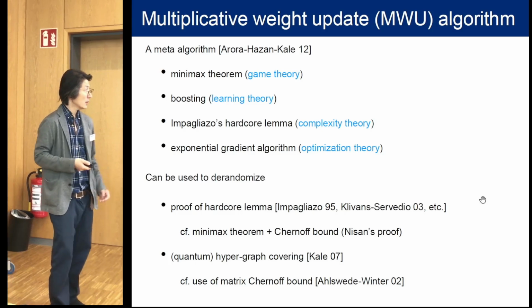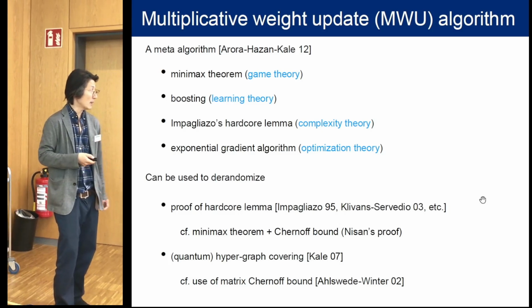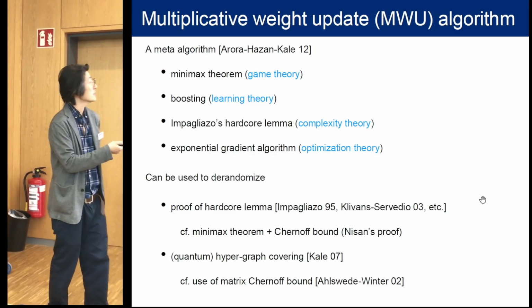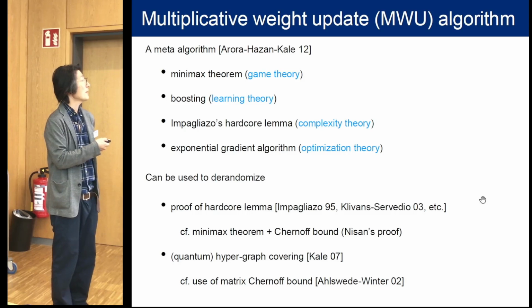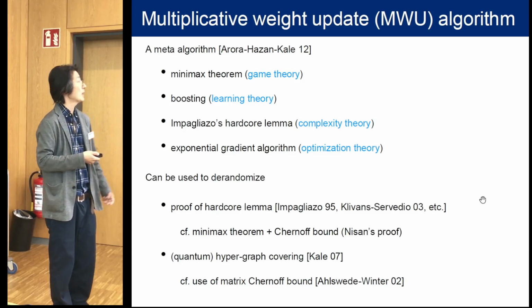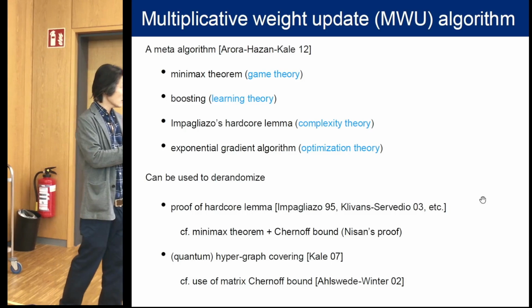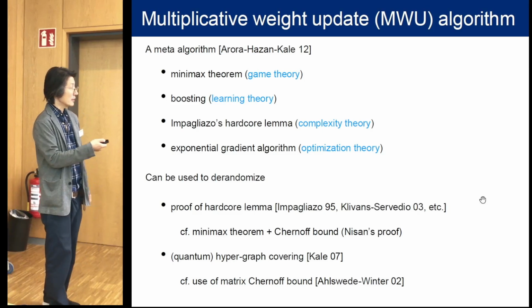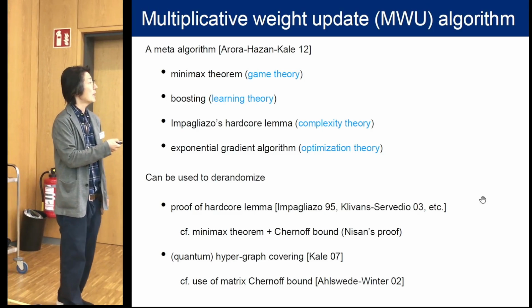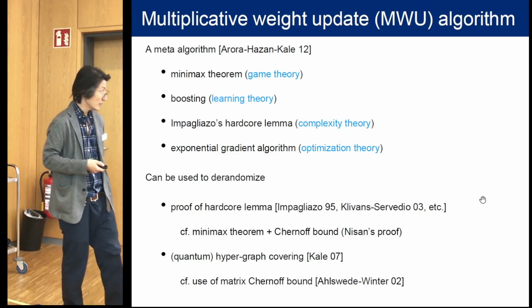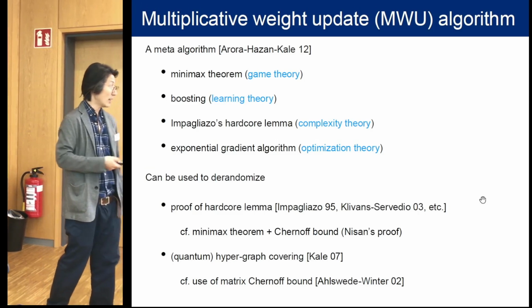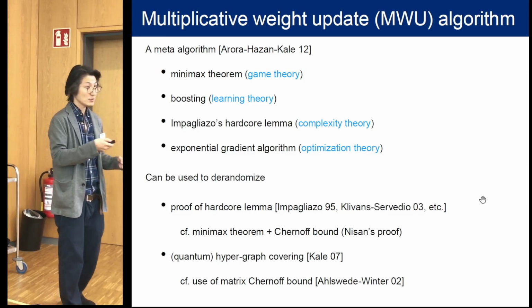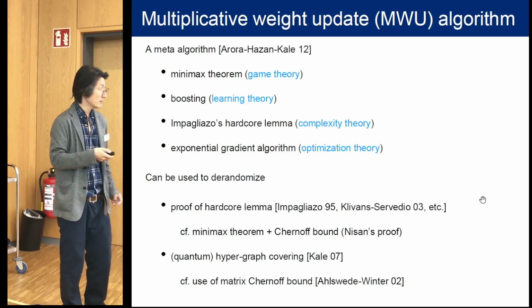Another example is hypergraph covering or quantum hypergraph covering. Quantum hypergraph covering was introduced by Ahlswede and Andreas Winter in their paper about quantum identification via channel, and it is closely related to channel resolvability.